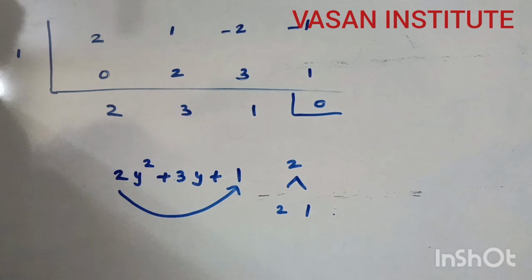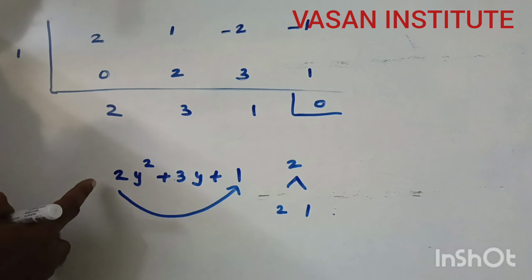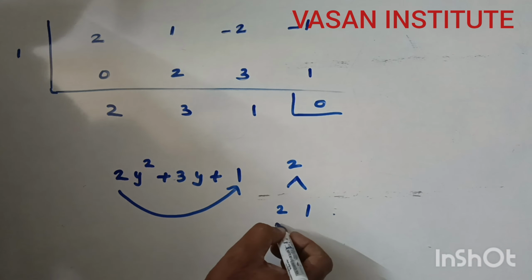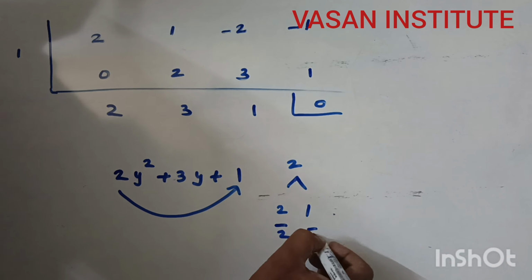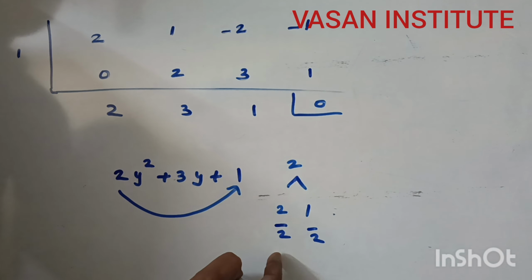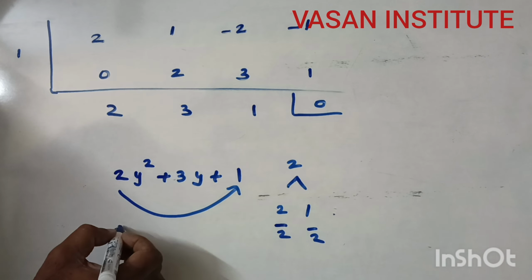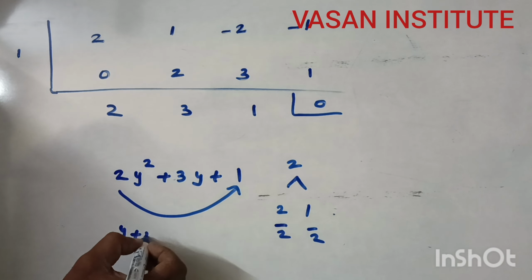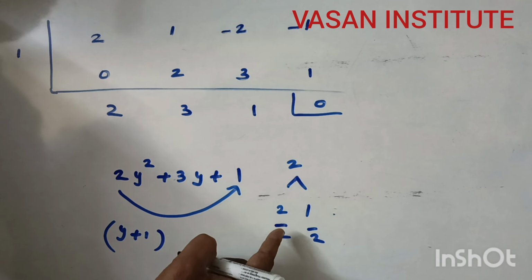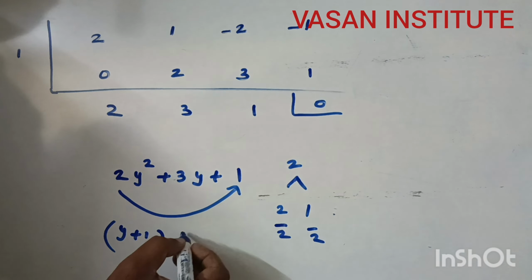Since you multiplied here by 2, divide this by 2. 2 by 2 is 1, 1 by 2 here. You can write y plus 1 into y plus 1 by 2, or 2y plus 1.